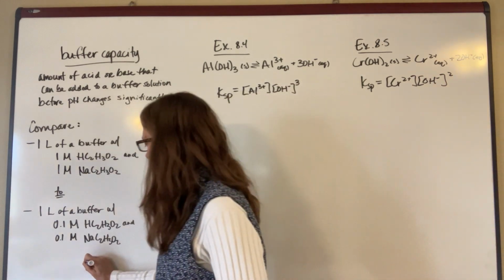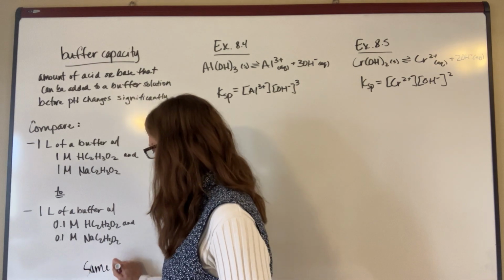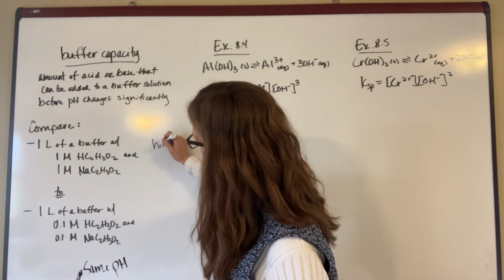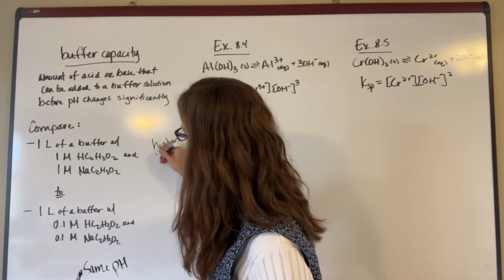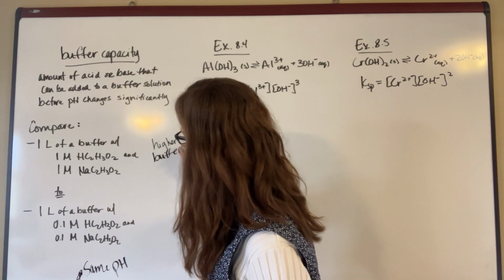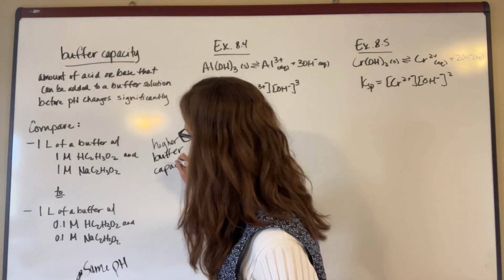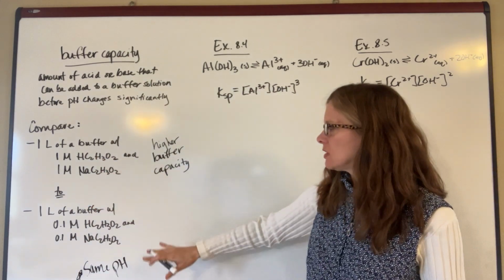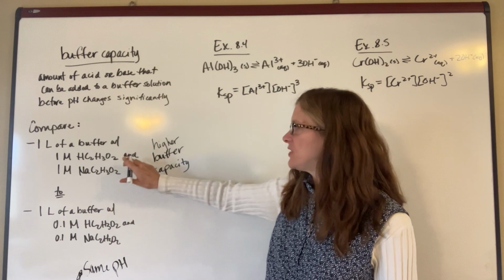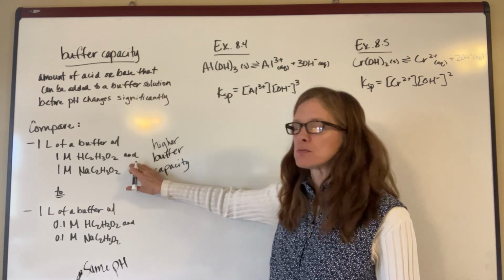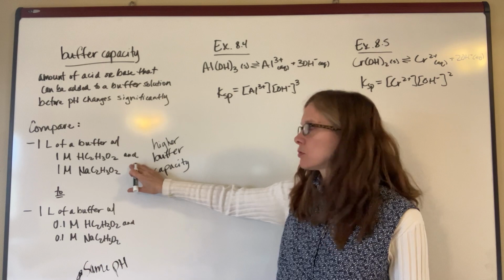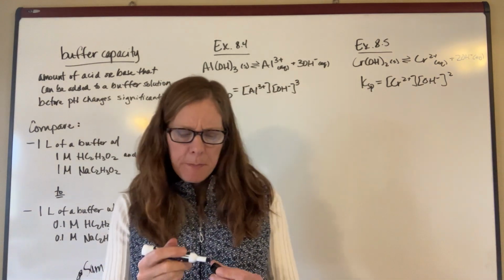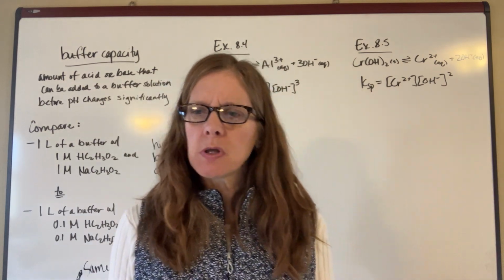So both of these two solutions will have the same pH, but this one is going to have the higher buffer capacity, because it just absolutely has more moles of stuff to react with whatever you're putting into it. Okay, so same pH for both of them, but this has a higher buffer capacity because it has more moles of acid and conjugate base in order to react. Okay, so that's buffer capacity.